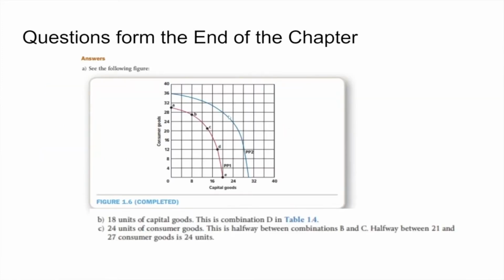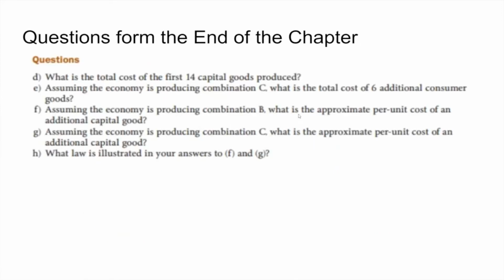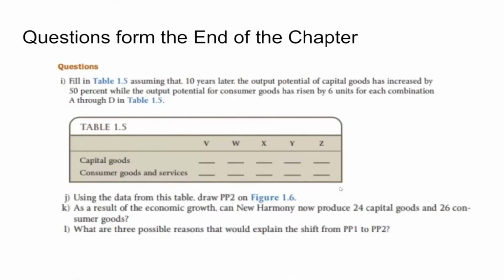Okay, so here's the point right here. And you'll notice that the point is outside, beyond, somewhere up here, beyond the production possibilities curve. So as long as it's beyond the production possibilities curve, it is not possible. So that magic combination that they want of 24 and 26 is not achievable.